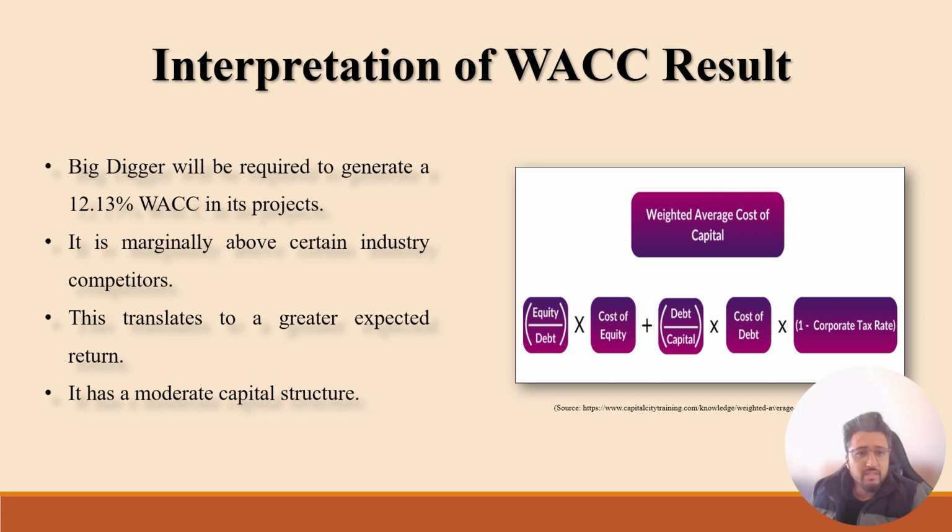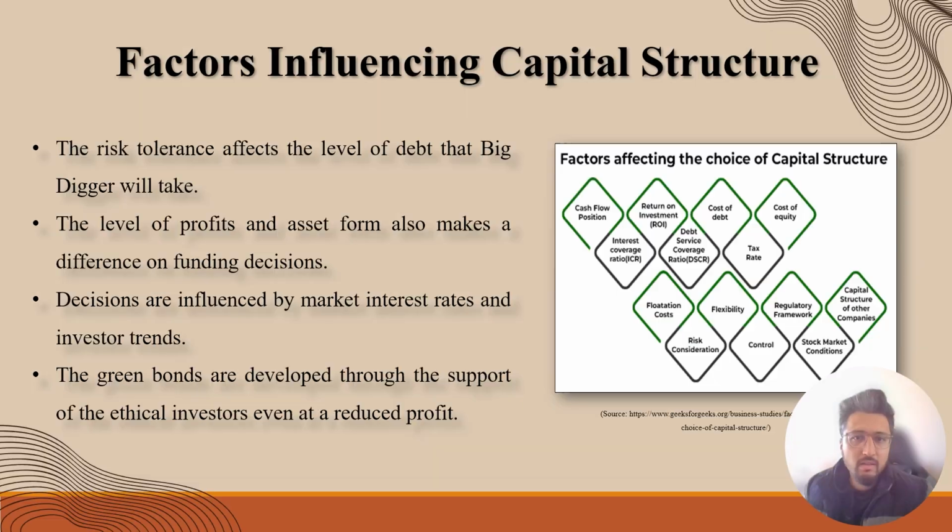And getting to the next slide. Here, as we can see, many things are affecting the capital structure, and they can be categorized into two factors: internal and external. Internally, how much risk the business is willing to take, what kind of assets it has, and how profitable it is all matter. Externally, market interest rates and investor trends play a big role.